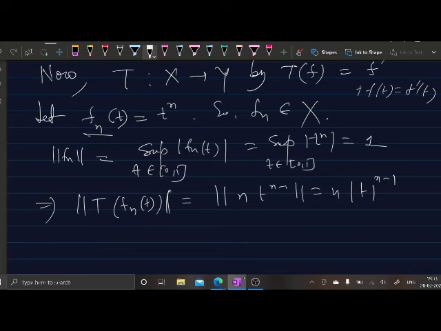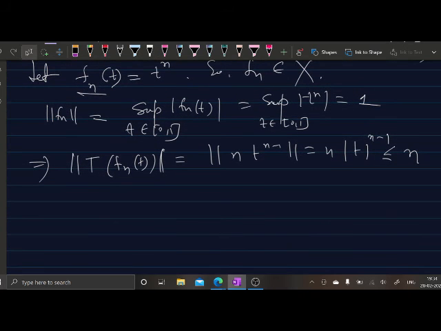Now since t belongs to the closed interval [0,1], this will be less or equal to n. So the norm of T f_n must be less or equal to n. Okay.